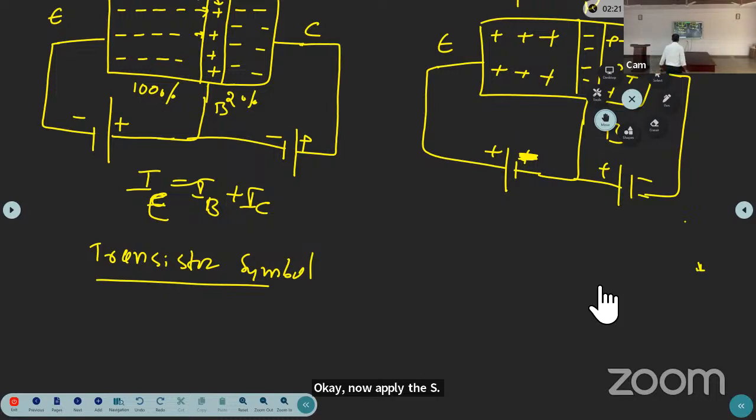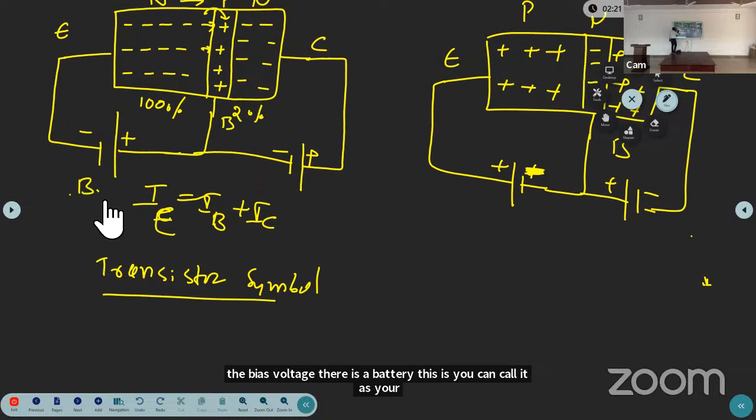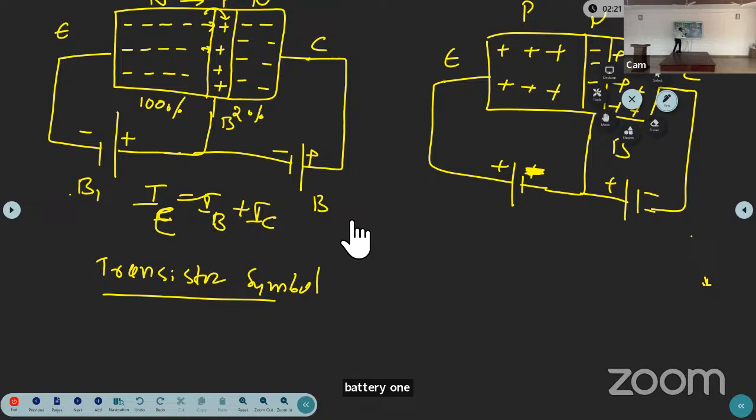You can call it battery 1, battery 2, right? Battery 1 and battery 2. Now, after connecting battery 1 and battery 2, how are the electrons moving?